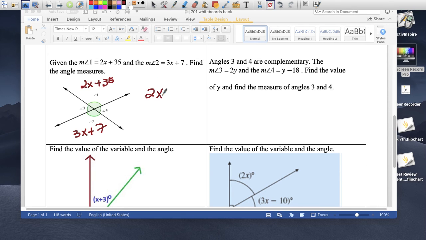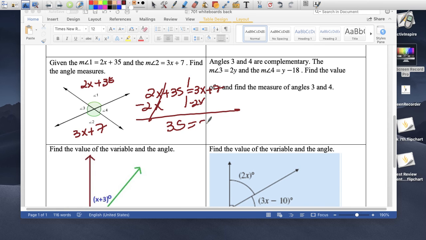So it's going to be 2x plus 35 equals 3x plus 7. So we're going to do minus 2x, minus 2x. So 35 comes down, this is bye-bye. 3x minus 2x is x plus 7, minus 7, minus 7. Cross this out, x equals 28.